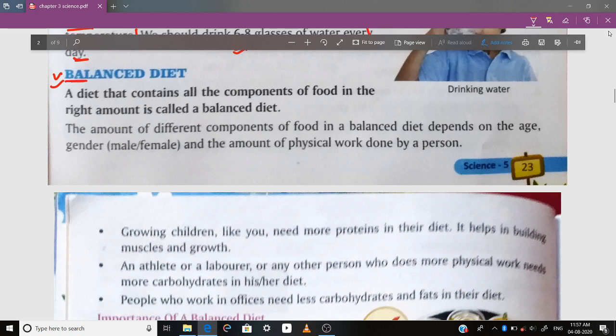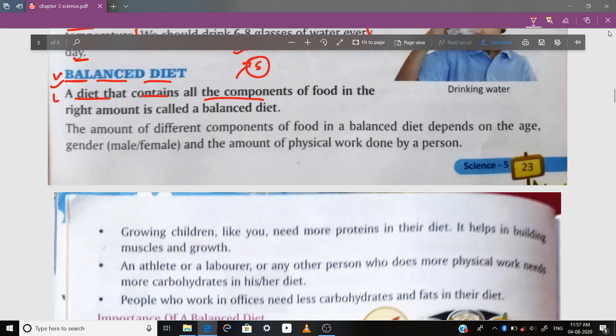Now if I say we should have a balanced diet, what do I mean? What is a balanced diet? It is a diet that contains all the components. I have told you there are five components, if you remember: fats, carbohydrates, vitamins, minerals, and so on, all these are the main nutrients or components of food.